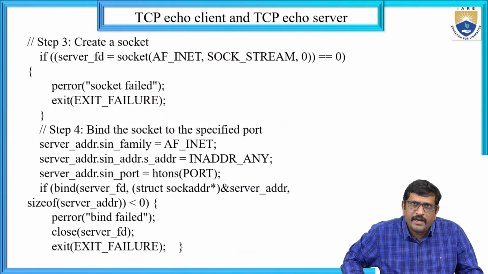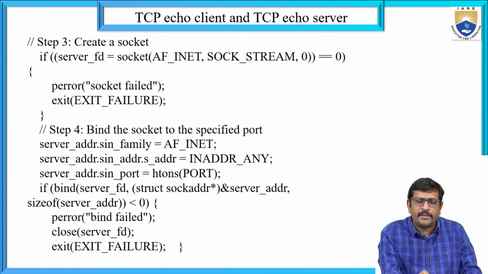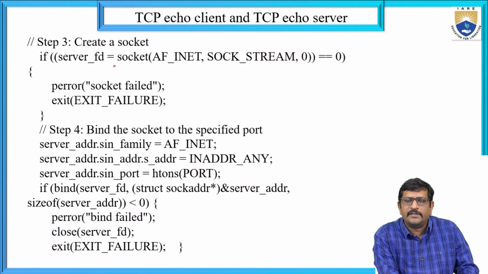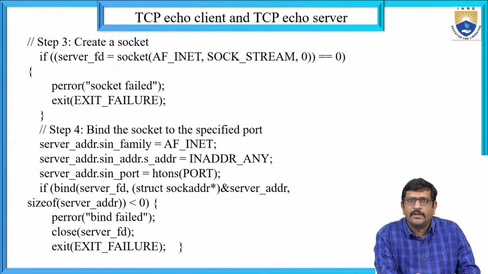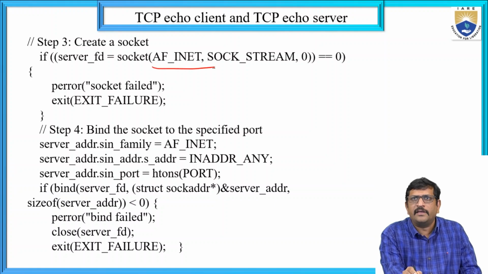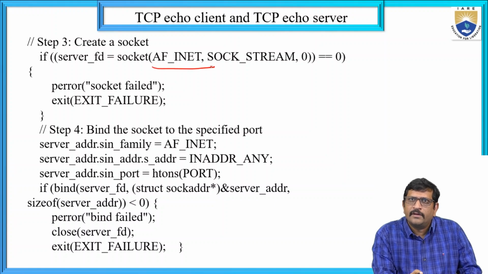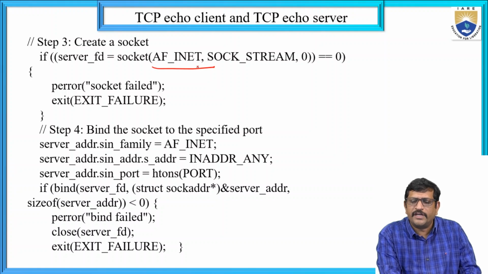Here is creating a socket. How are we going to create a socket? The condition is if server_fd equals socket, with AF_INET, the address family. It is mandatory for creating the address. Any socket needs these arguments, and AF_INET is common.